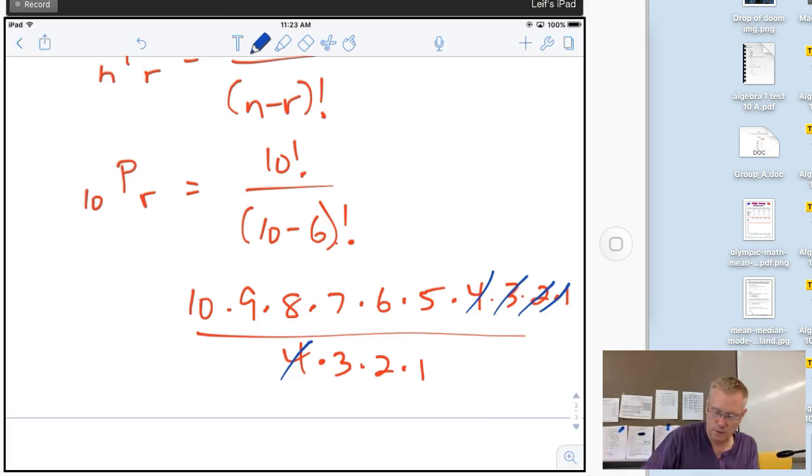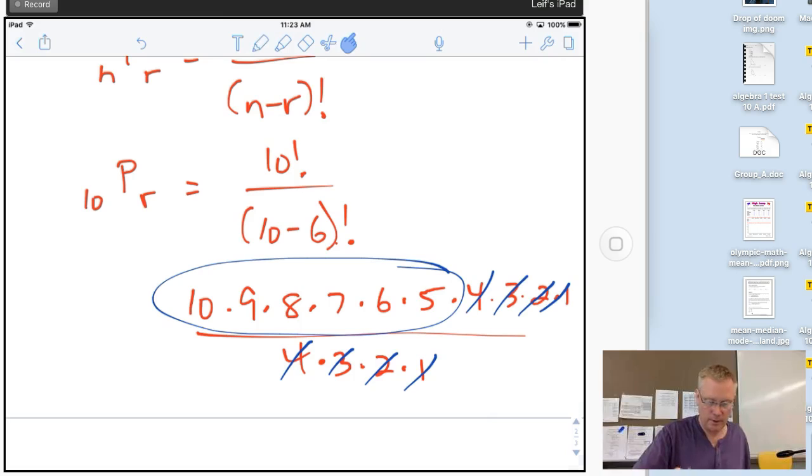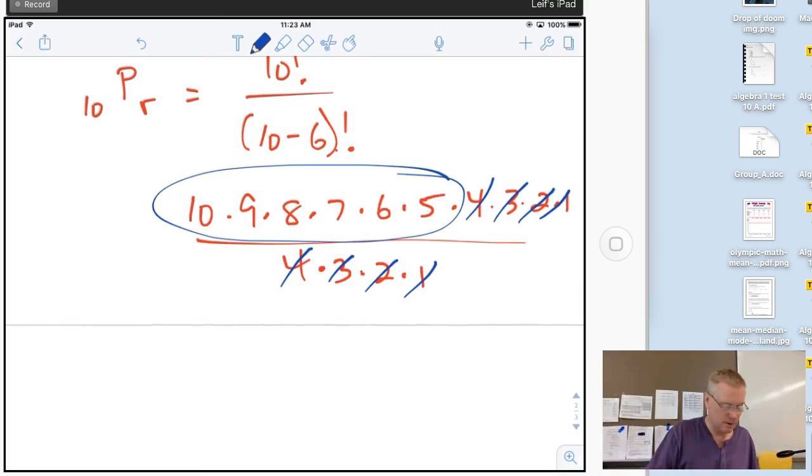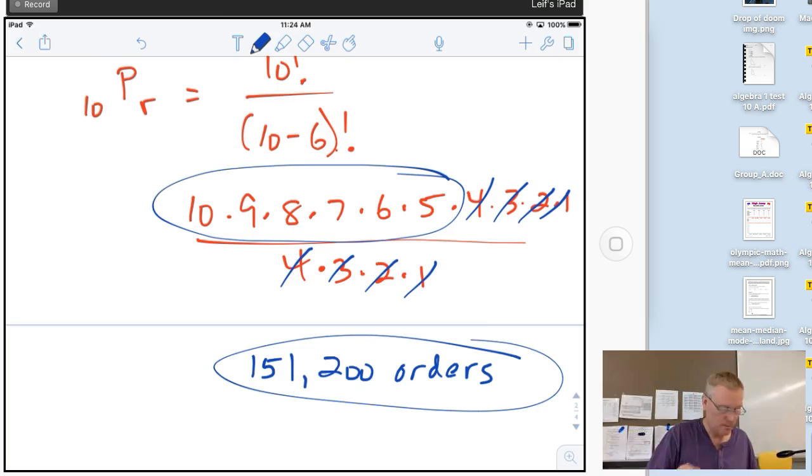Those cancel, and I will get my answer by multiplying 10 times 9 times 8 times 7 times 6 times 5. And you miraculously get 151,200 different orders. And that's the answer.